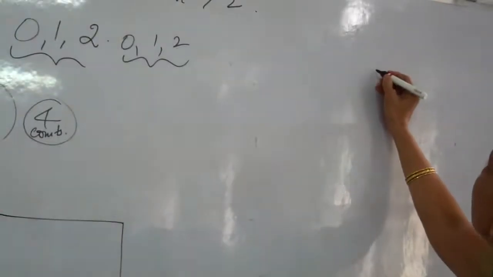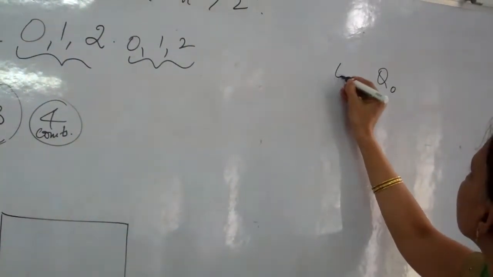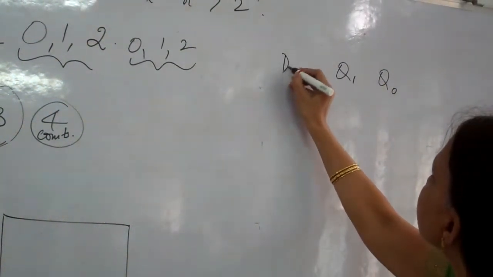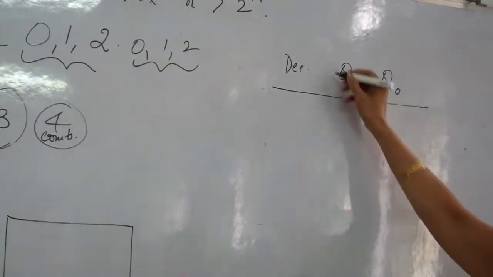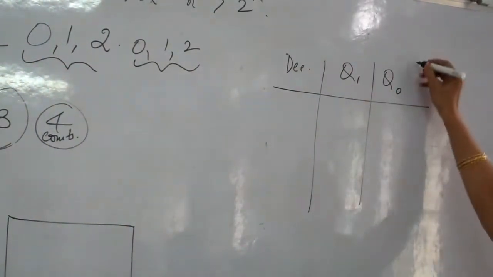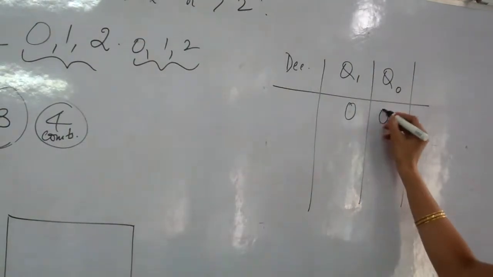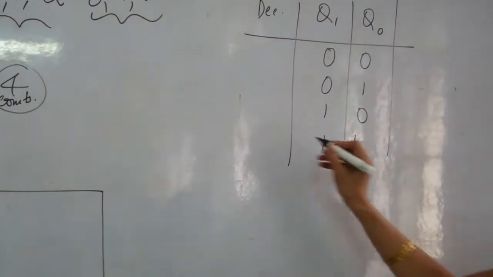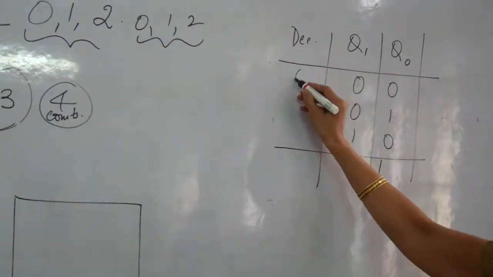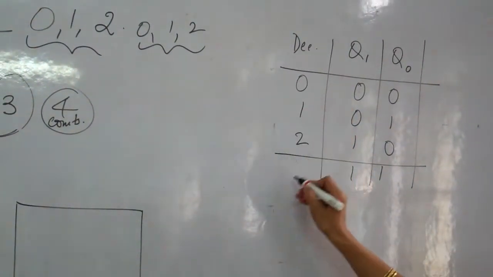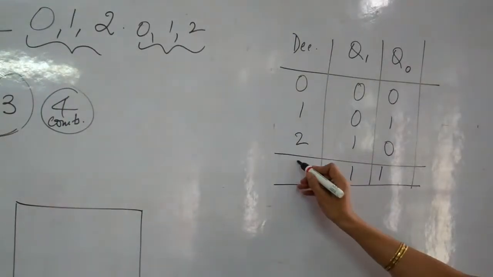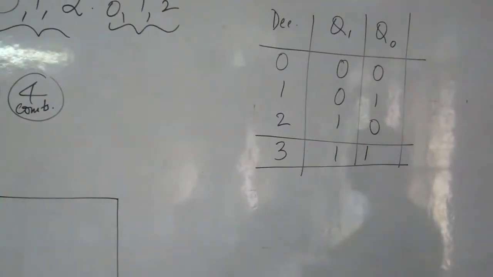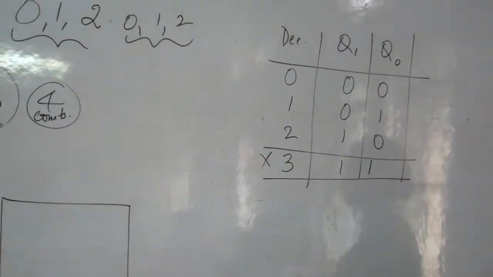In the truth table you have Q0, Q1 and the decimal value: 0, 0; 0, 1; 1, 0; and 1, 1. The decimal value is 0, 1 and 2. And this is the third count, and that has to be suppressed.